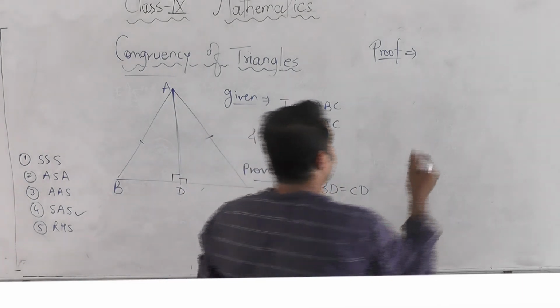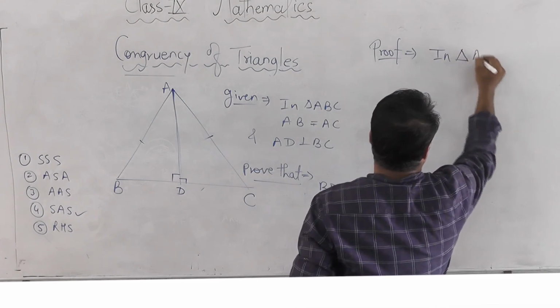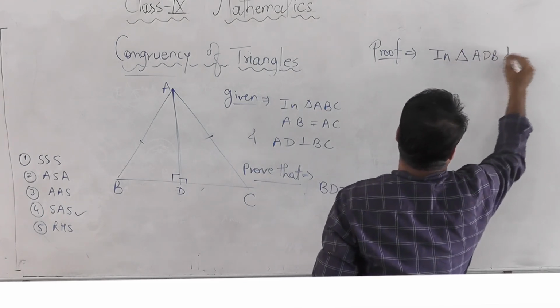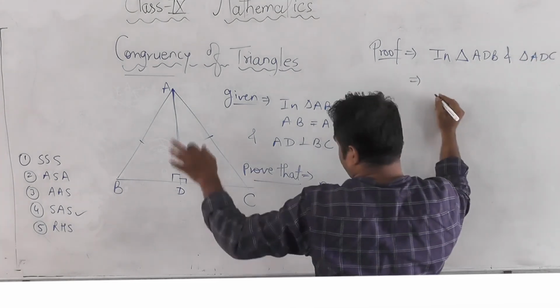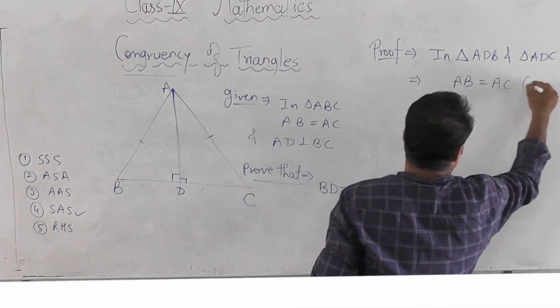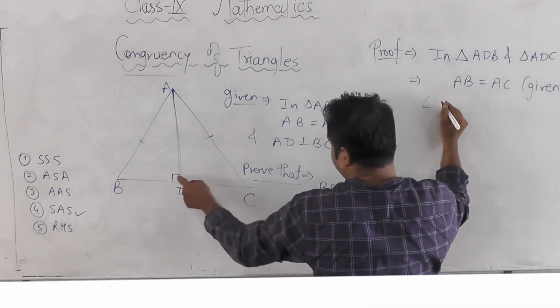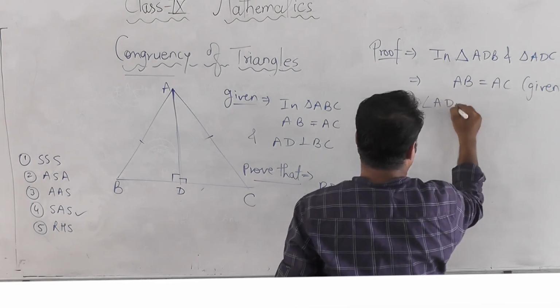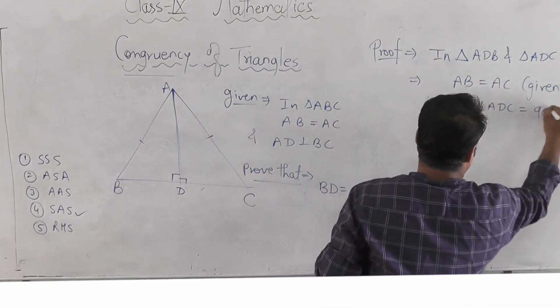So let's see. In triangle ADB and triangle ADC, we are comparing these two triangles. First, AB is equal to AC, which is given to us. The second thing is angle ADB is equal to ADC, because both are 90 degrees.